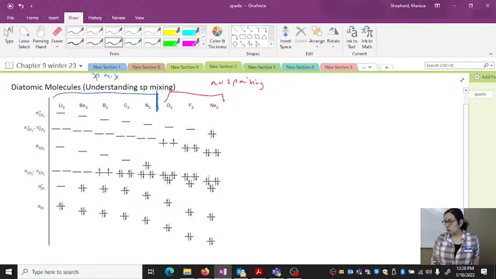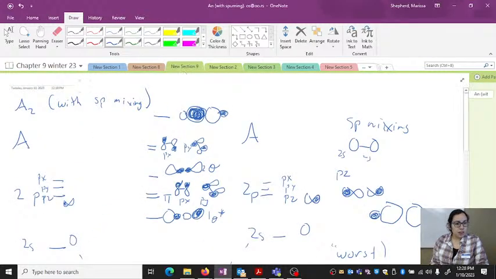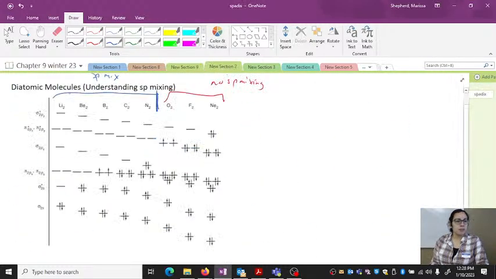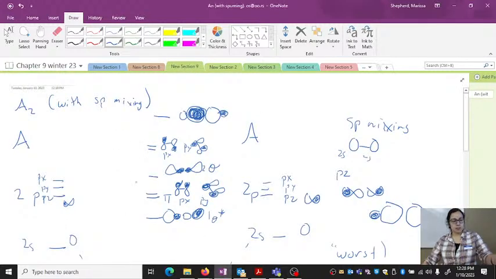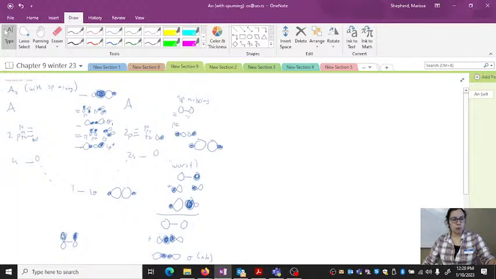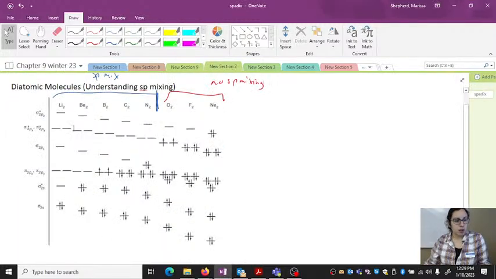They've filled it in all for you here, but we'll go through this ourselves. We can't just trust these pictures. And anytime you see lithium to nitrogen, you can just plug it into this generic picture, with this ordering of orbitals. And again, the only difference is the number of electrons here.